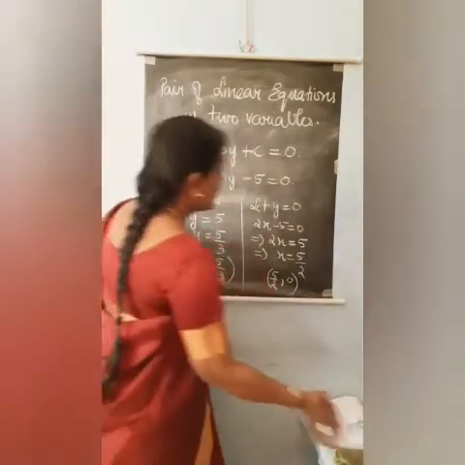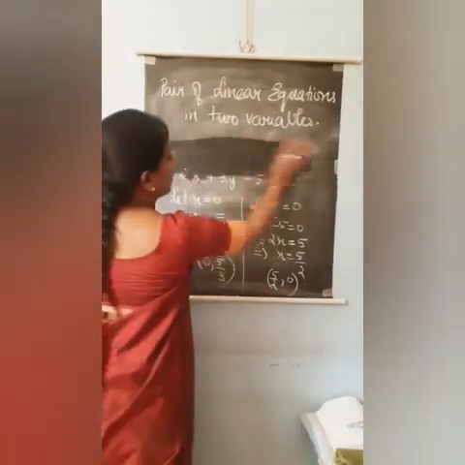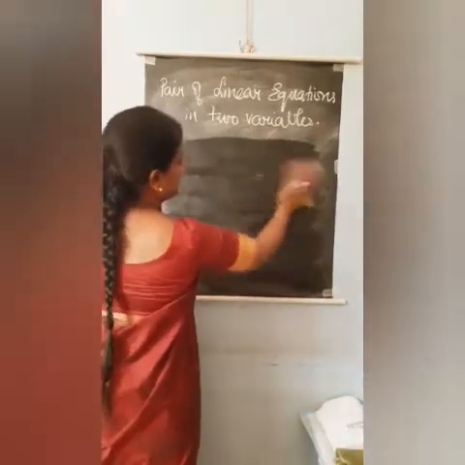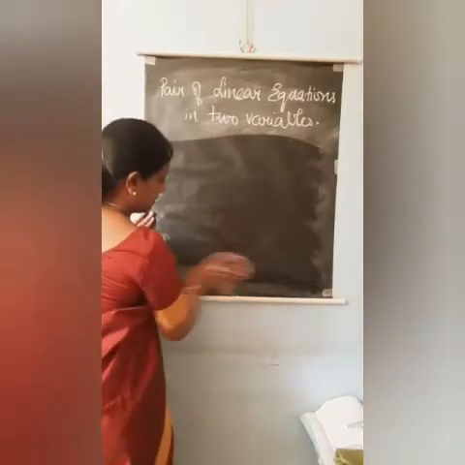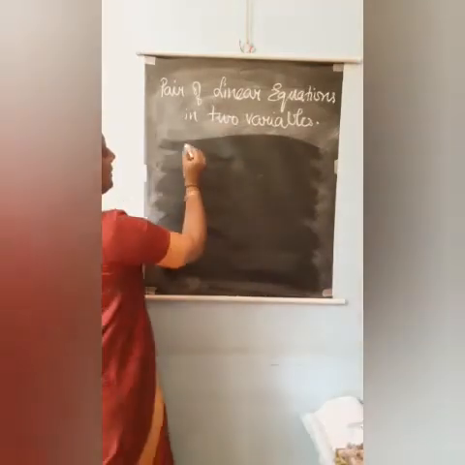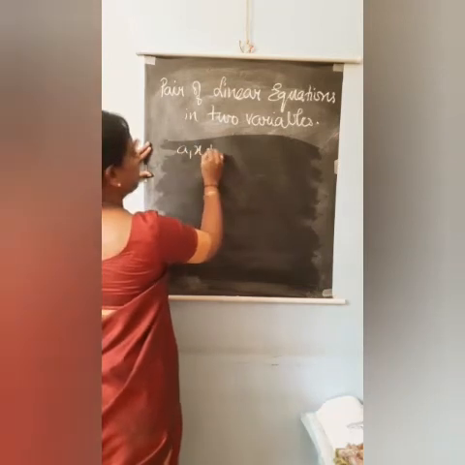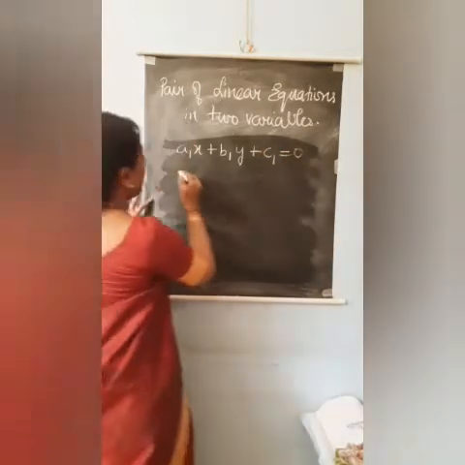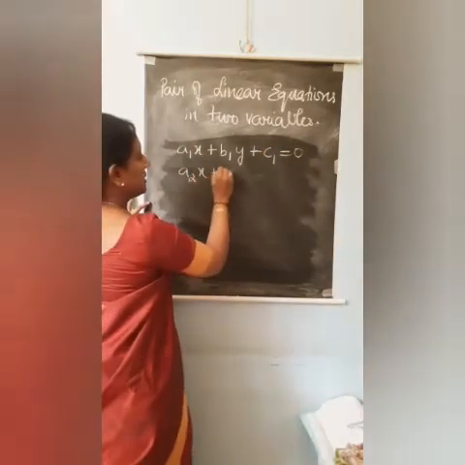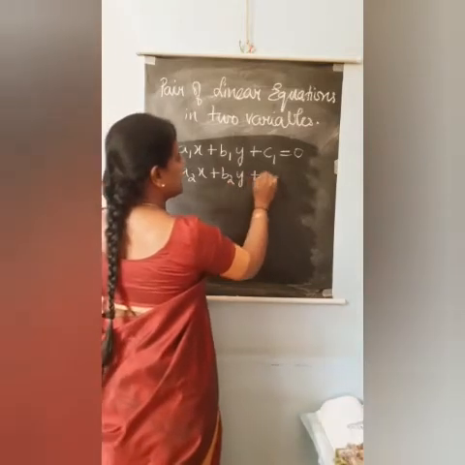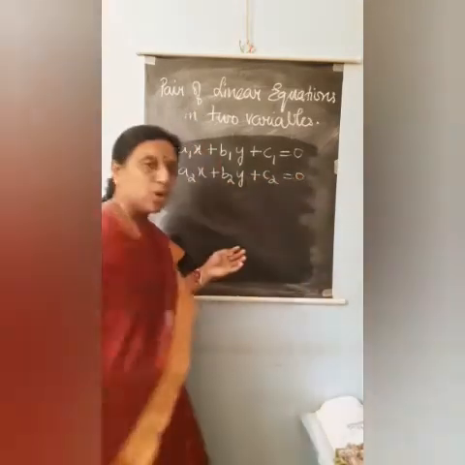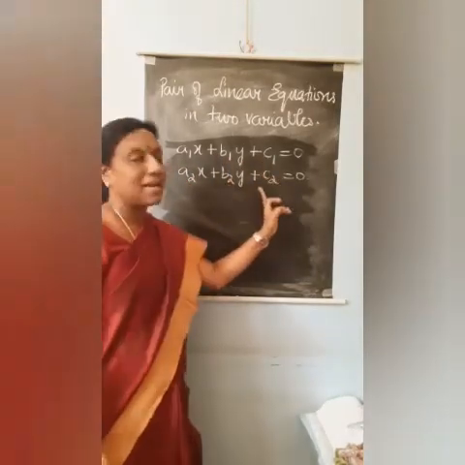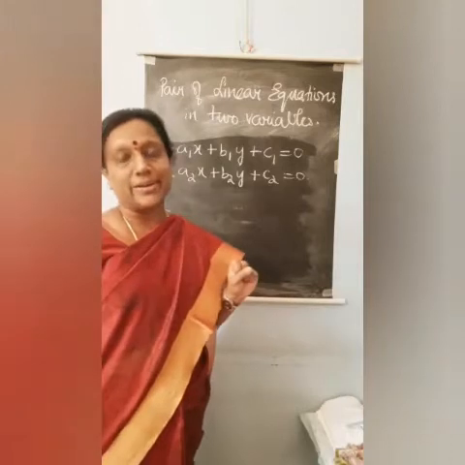So, the standard form of a pair of linear equations is a1x plus b1y plus c1 equal to 0 and a2x plus b2y plus c2 equal to 0, where a1, a2, b1, b2, c1 and c2 are all real numbers.